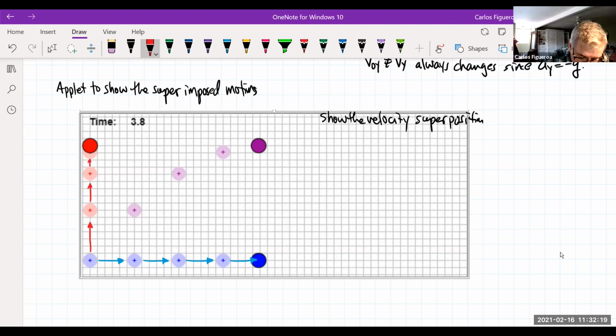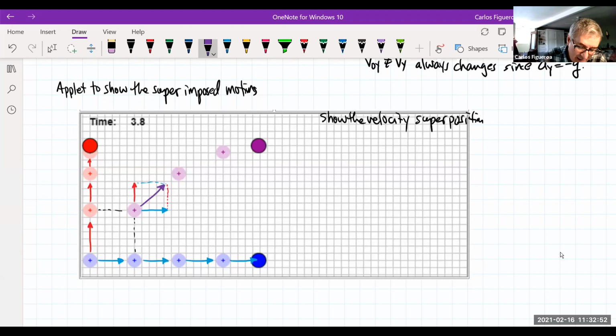If I take my red for this spot right here, and I take my blue for this spot, let's see if I can draw this just right. This one's going about this length, so it's going to go from here to here. And then the red is going to go from here to here. So the question is, what is the superposition of the velocities? Using the parallelogram rule, you can see that that's the direction of the velocity right there.